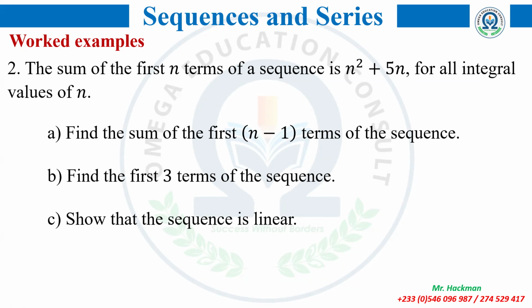So your n cannot be a fraction. It cannot be half, it cannot be minus 1/2, any fraction or decimal. It should be whole numbers or integers. Is that clear? That is basically the meaning. Yes, please.